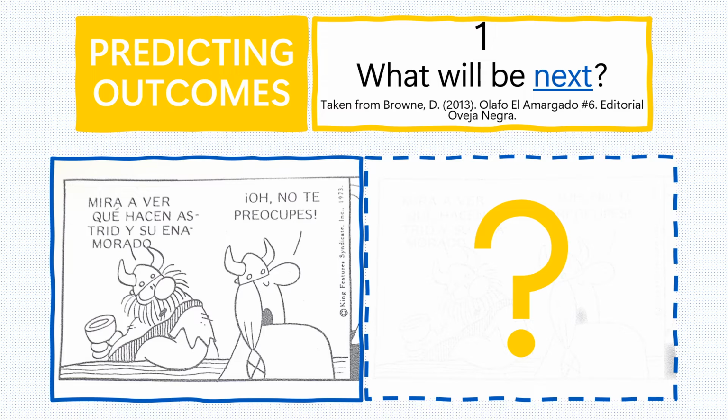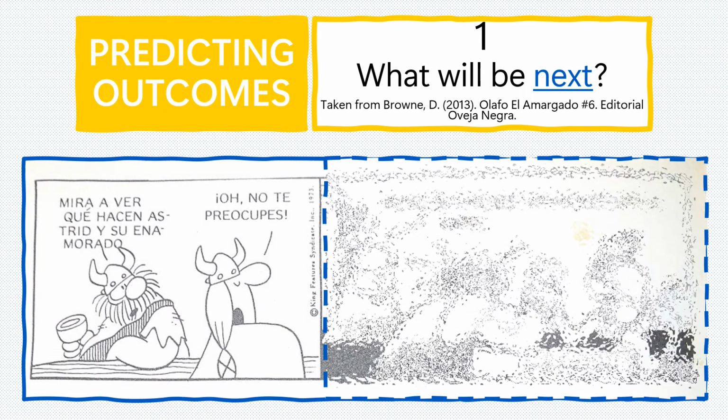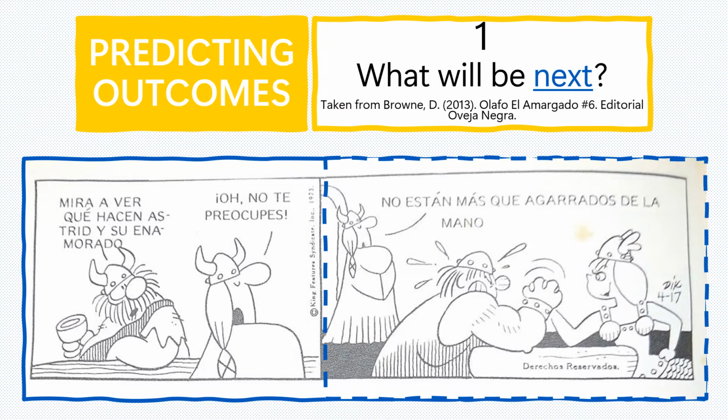What is going to happen in the next square? Some suspense helps. In the meanwhile, you could predict your own outcomes. You can make your own predictions.